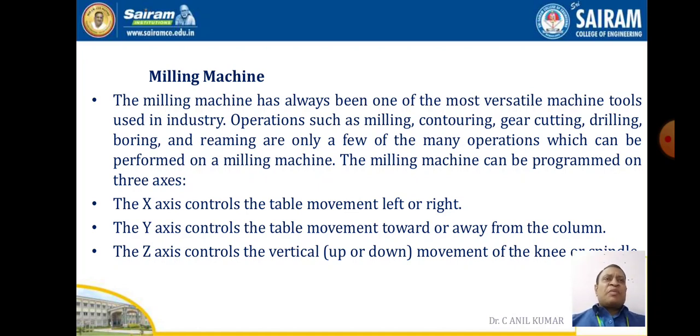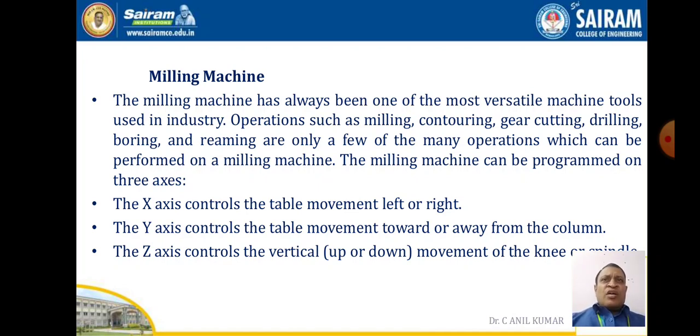The milling machine can be programmed on 3 axes, especially in the sim lab, but in realistic or industrial applications, X, Y, Z. Along with that, if there is a table rotation, ABC is also possible. These types of machines are robust machines, but at present we are learning only the XYZ movement.